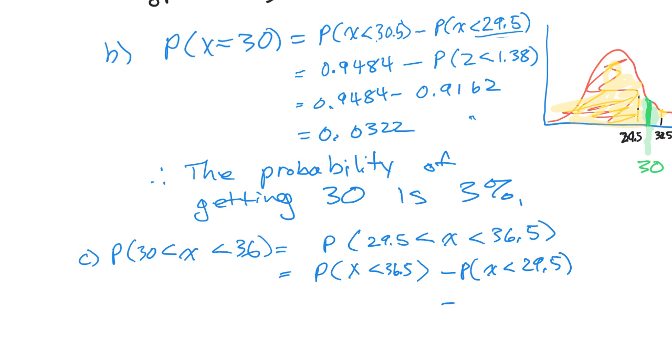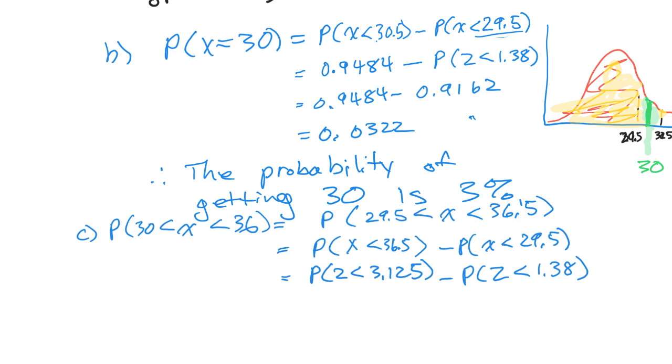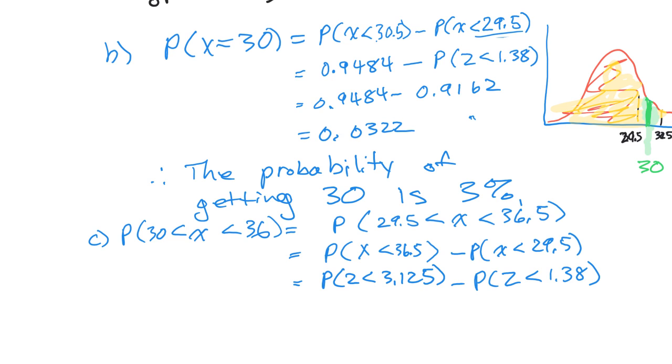We already found the z-score for 29.5, and it was the probability of Z being less than 1.38. But now we have to calculate the z-score for X equals 36.5. Doing your calculations, you find your z-score equaling less than 3.125. And then referring to your z-score table, you're going to get the following.